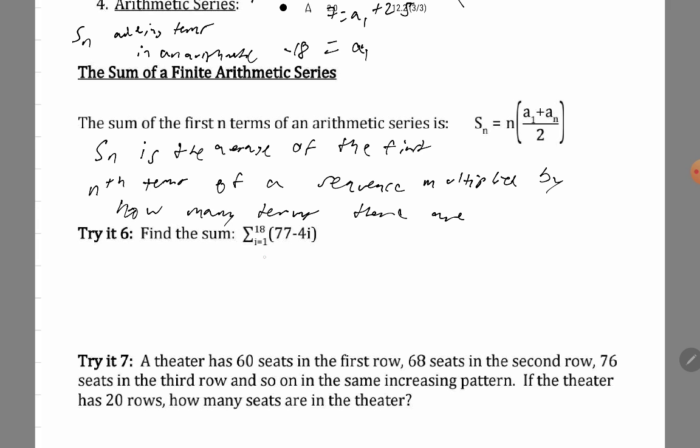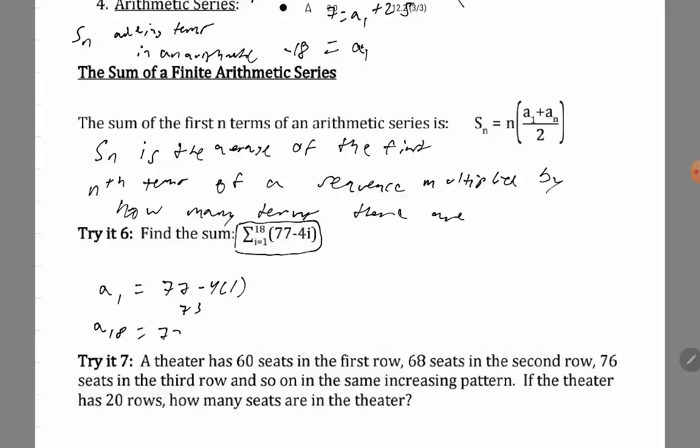So for example, we have this here. We need to find a1 and a sub n, which is a sub 18 in this case. So a sub 1 equals 77 minus 4i, which is 4 times 1. So 77 minus 4 is 73.